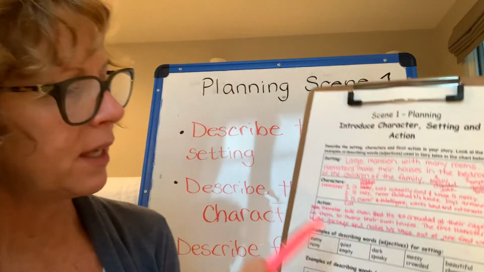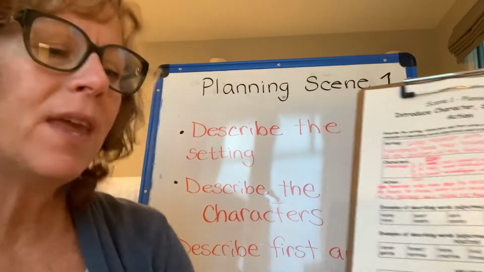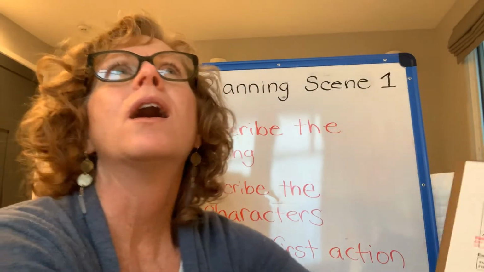Then I started thinking about the action. If you think about your story as scenes, you're going to be writing maybe 3 scenes, like a beginning, a middle, and an end. You can think about your story like a play or a movie.